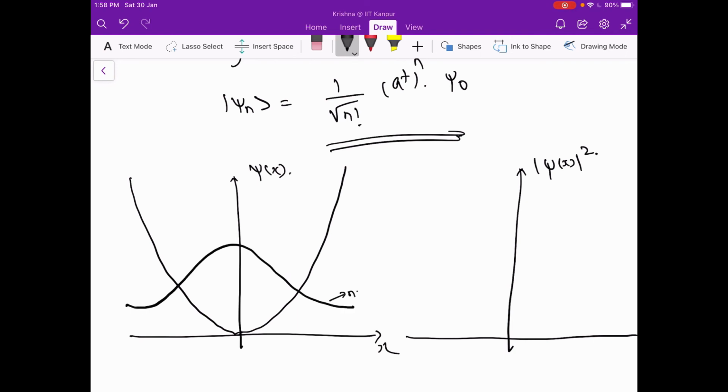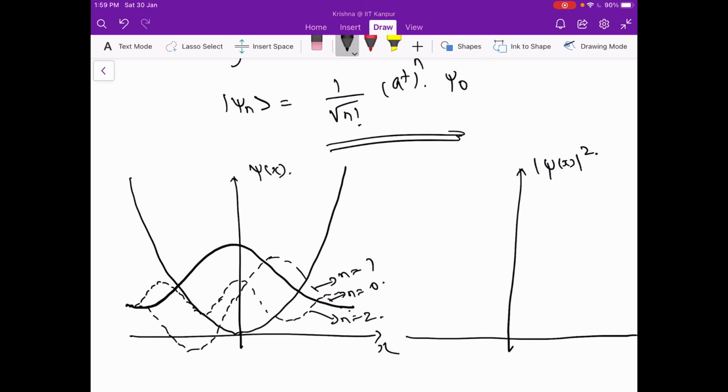This is n equal to 0, and n equal to 1 has to have one node, as we saw previously, right? This is n equal to 1. N equal to 2 will have two nodes, so it will behave like this. And this is n equal to 2.